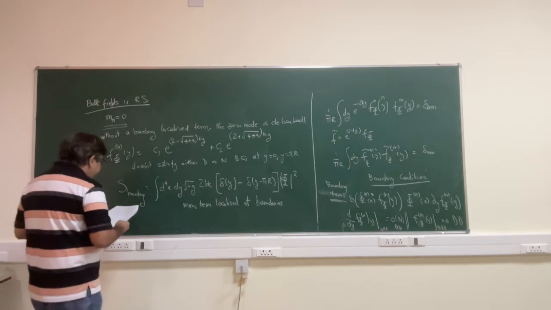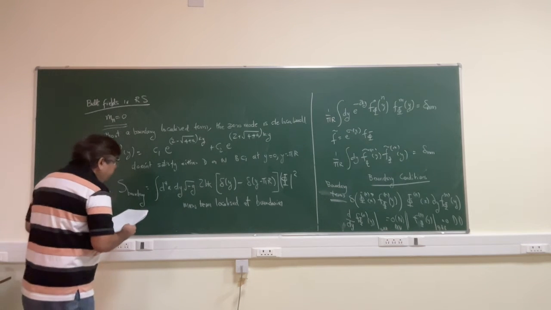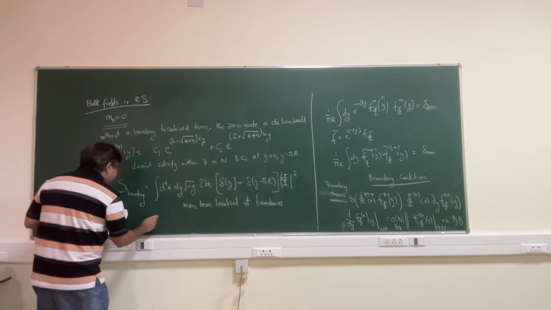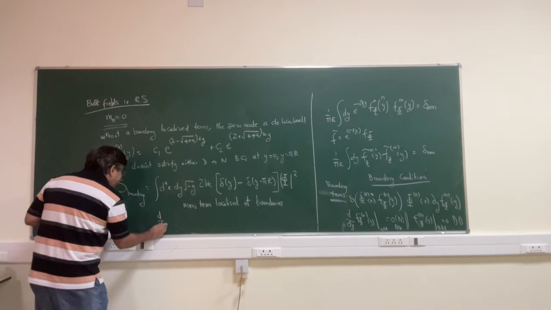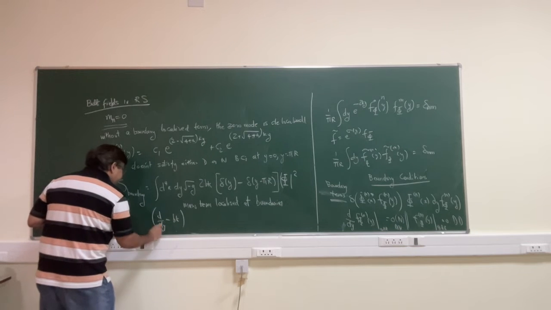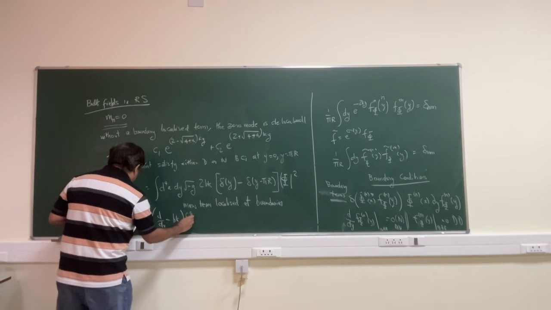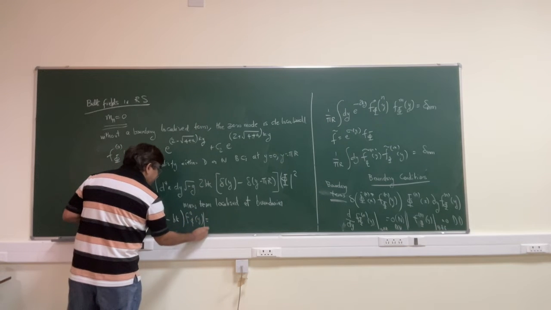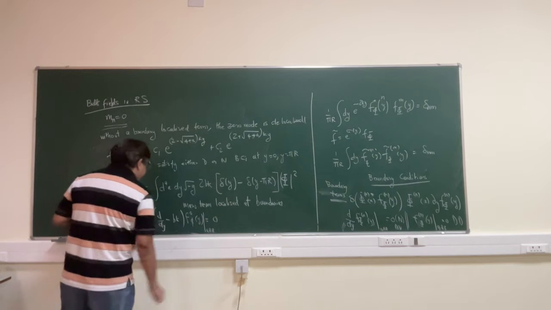So that the Neumann boundary conditions, which are derivatives, will look something like d phi by dy minus bk phi of y is equal to 0 at y equal to 0 and at pi r.